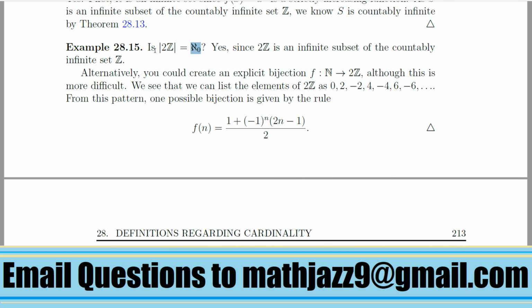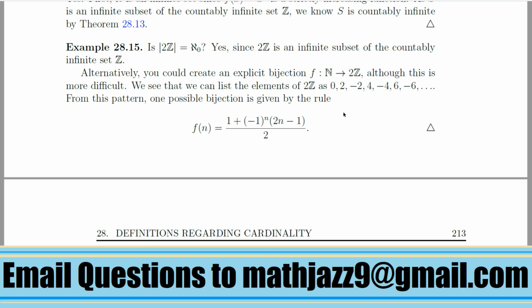Okay. Example, are the even numbers of the same cardinality as the naturals? Yes, and they give us a function here, but we have a proof that there are as many evens as there are naturals.